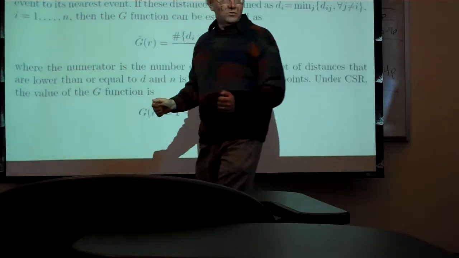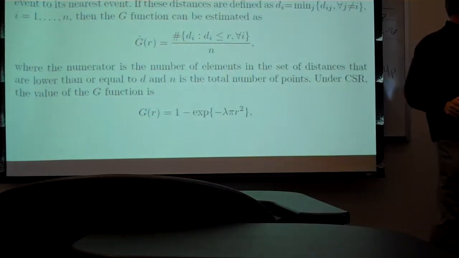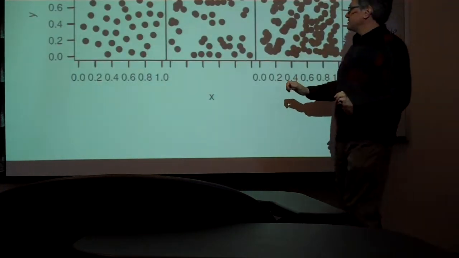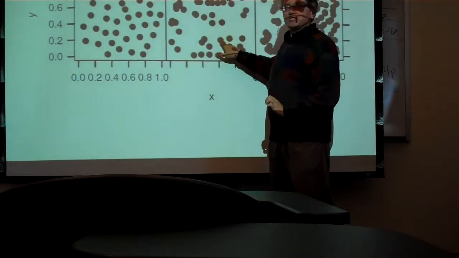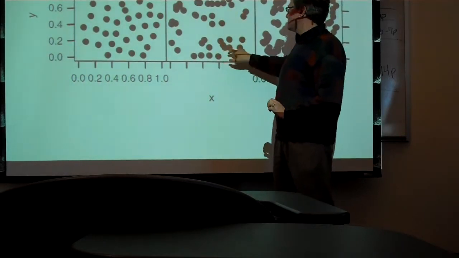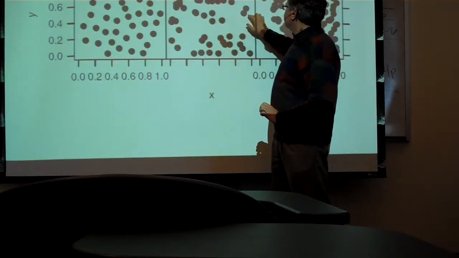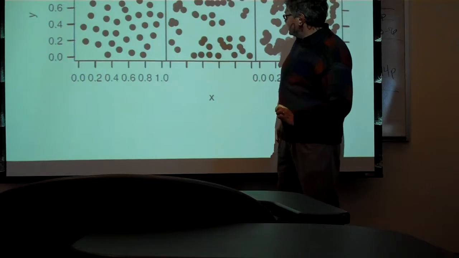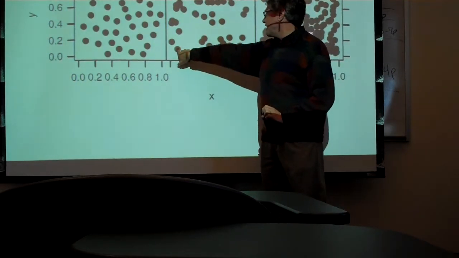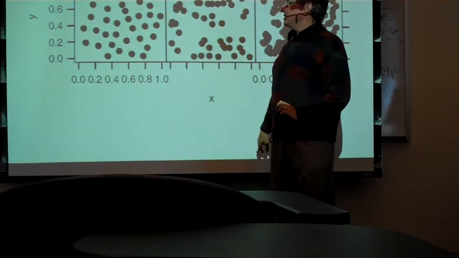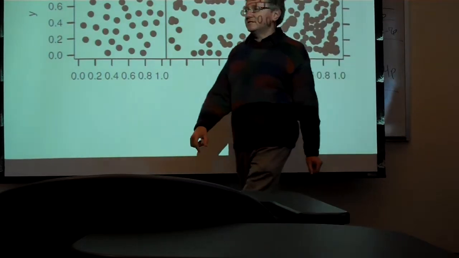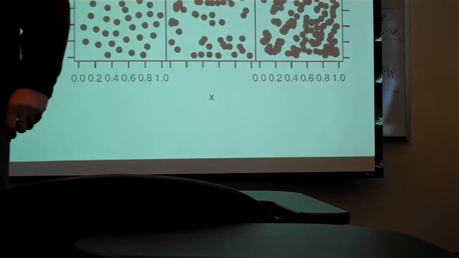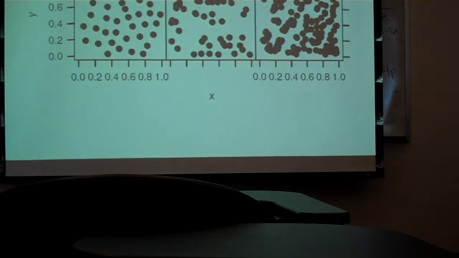Okay, so in this case, there are lots of really short distances, short R's. There's a few cases, not many, where it's that far. So G of R is really just the cumulative distribution function of those distances.